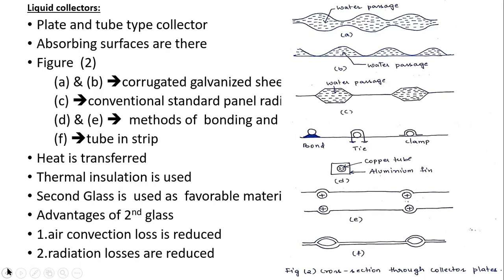This is a very important reason in windy areas, where the wind rate is high, so we can go for second covers. Moreover, if you use the second cover, radiation losses in the infrared spectrum are also reduced, by nearly 25%, because half of the 50% which is emitted outwards from the first glass plate is back radiated again.